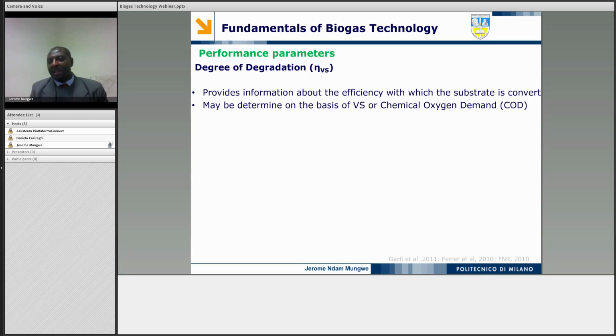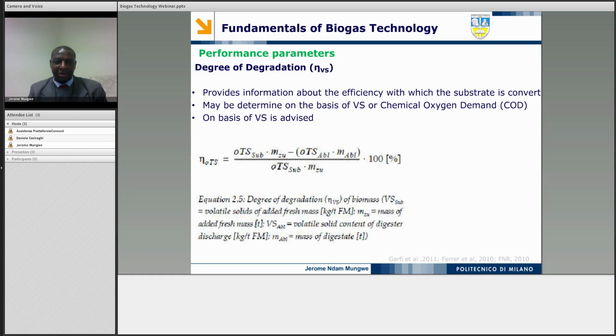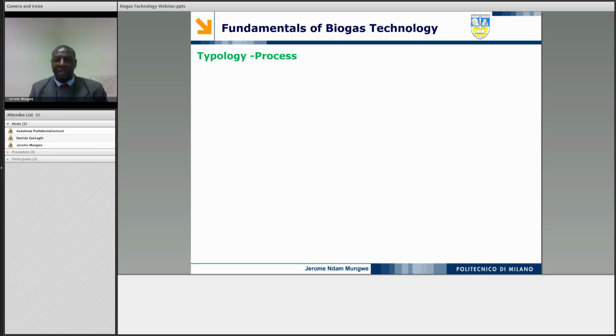That is, maybe in terms of the volatile solid, or in terms of chemical oxygen demand of the substrate, or in terms of the total solid that is fed into the digester. But often it is advised to use a volatile solid to determine the degradation efficiency. And this degradation efficiency is simply a ratio of the difference between the organic matter that went in and the organic matter that came out in a percentage.